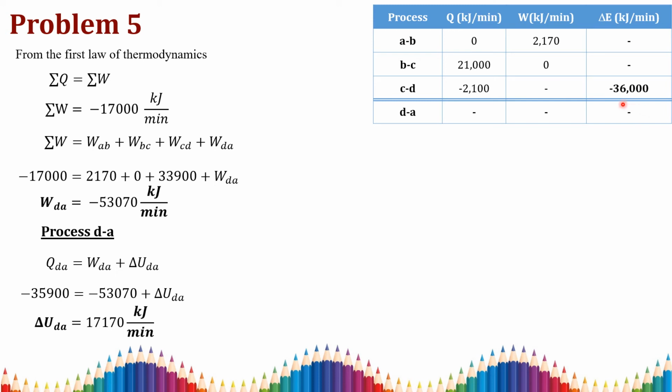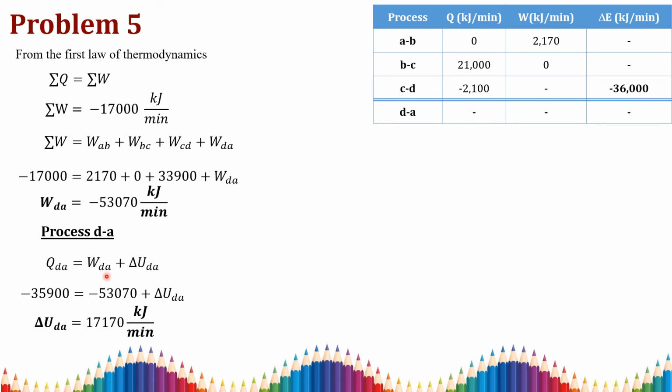Then we need to find this only one unknown term, the internal energy of process DA. For this process, what is the first law? Q is equal to W plus delta U. So QDA is equal to WDA plus delta U of DA. In the previous one we found QDA is minus 35,900.